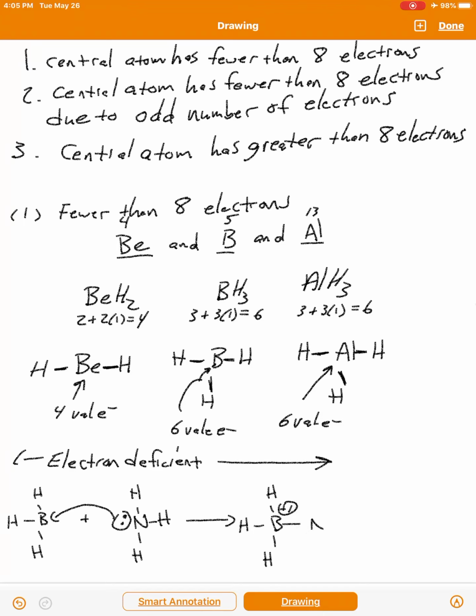I'm sorry, a -1. My mistake, -1. And a +1 formal charge on the nitrogen. But that bond does appear to exist between the boron and the nitrogen.